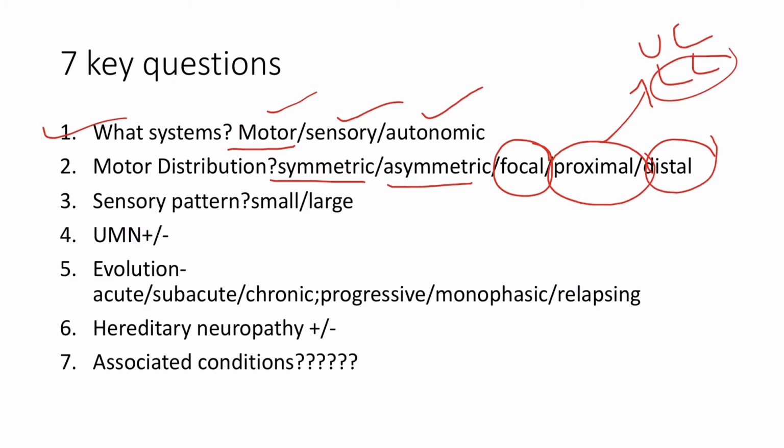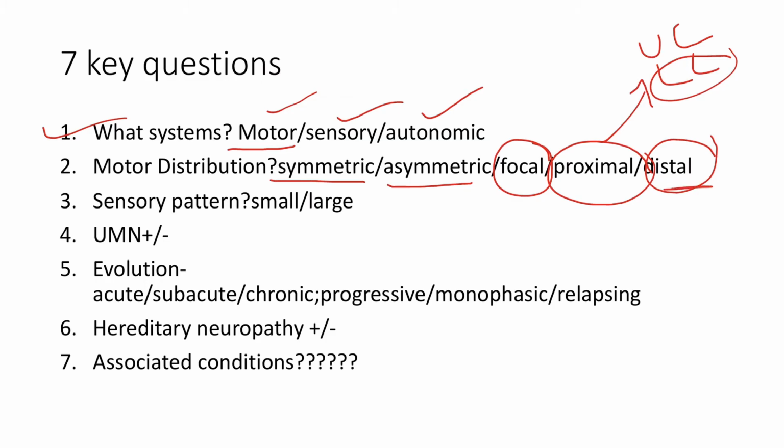Lower limb proximal muscle weakness is manifested as difficulty in climbing the staircase, because climbing stairs requires a large amount of force to be generated by the very sturdy thigh muscles. So in the lower limbs, you ask about the history, whether there is any difficulty in climbing the stairs or not.